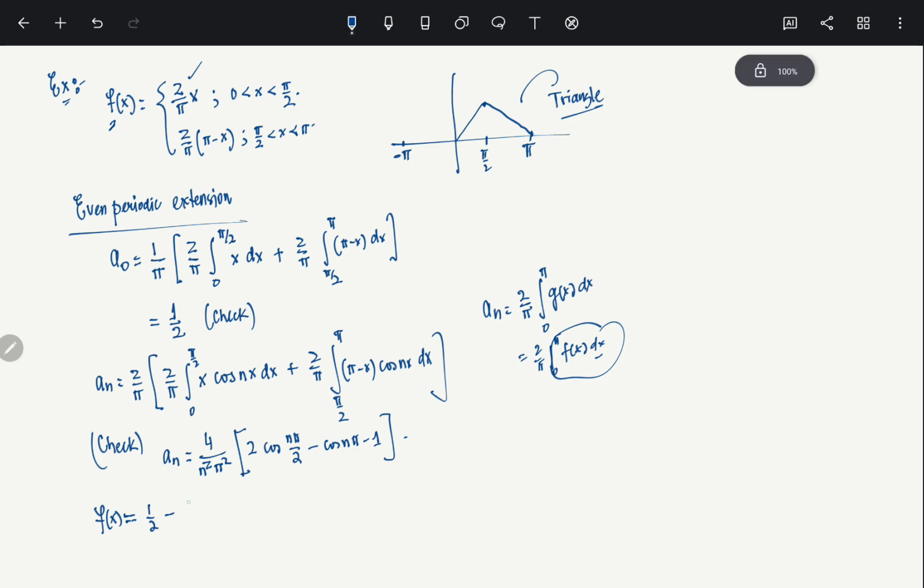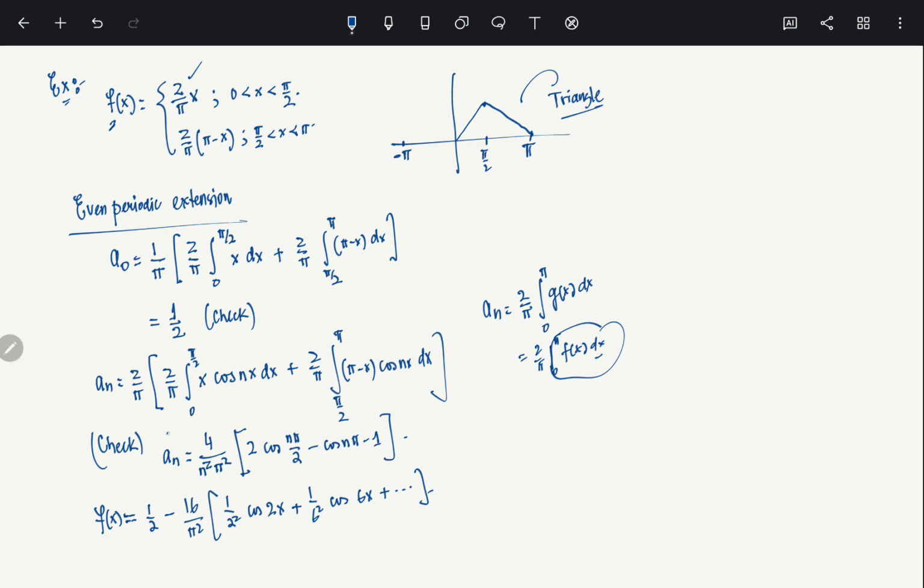Maybe I can write it like this: 16 by pi square, and then 1 by 2 square cosine 2x, plus 1 by 6 square cosine 6x, plus it goes on like this. It's just a big calculation. For n equals to 1, n equals to 2, you have to put it together and write it like this, but essentially this is the fact.